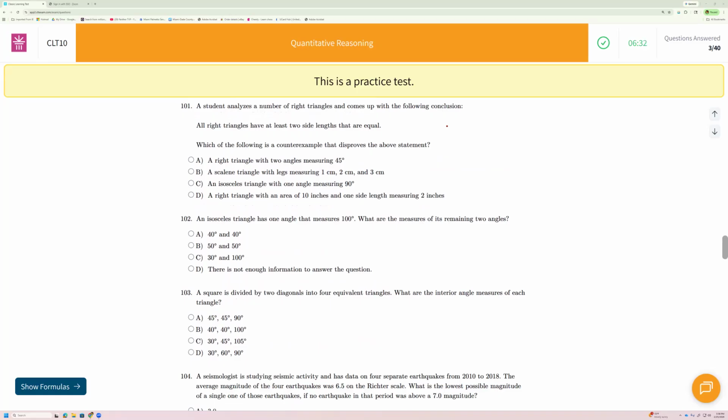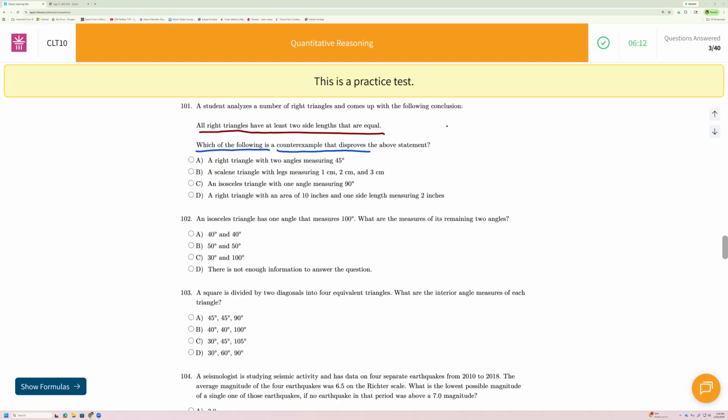Okay. All right triangles, he says, a student, she or he, they say all right triangles have at least two side lengths that are equal. Okay, so they're now saying, which of the following is a counterexample that disproves?